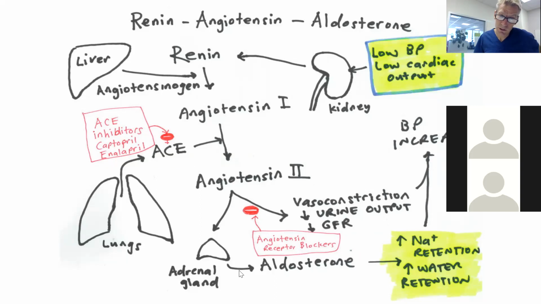Angiotensin also leads to aldosterone, and of course aldosterone leads to sodium reabsorption and increased water retention. So if you remember that ADH just increases water retention at the level of the collecting duct, whereas aldosterone increases sodium retention and water retention.